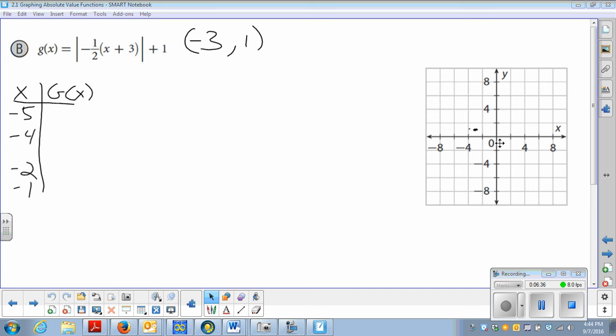So our vertex is going to be to the left 3 and up 1. Okay, then we're going to graph with a t-chart. So I'm going to plot 2 points to the left and 2 points to the right. So I've got -5 and -4 and -2 and -1.